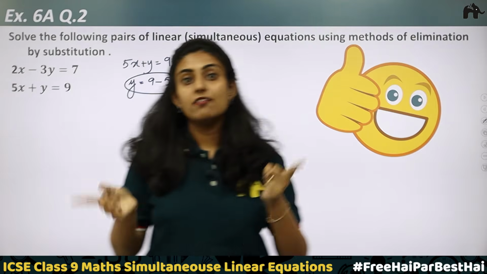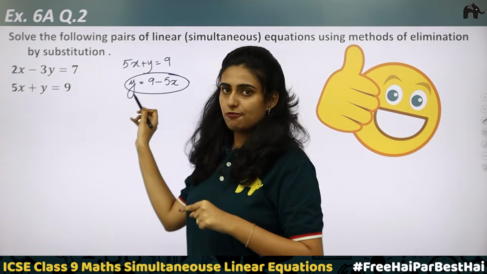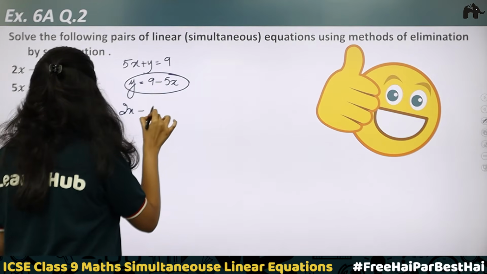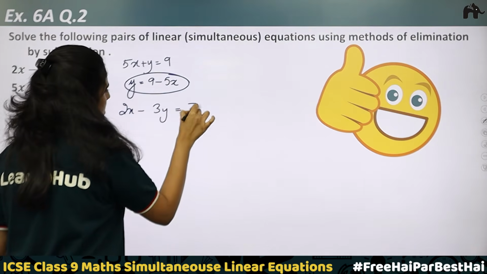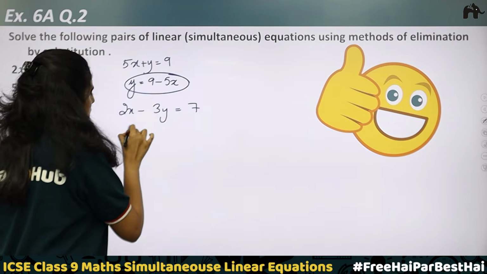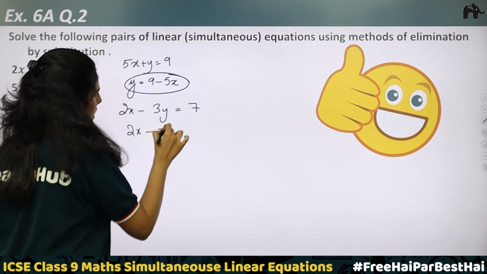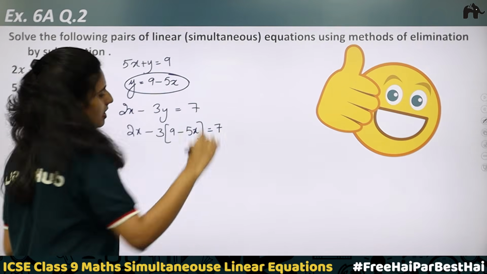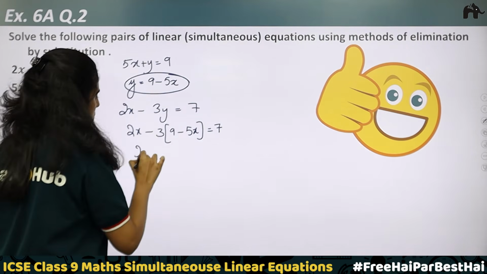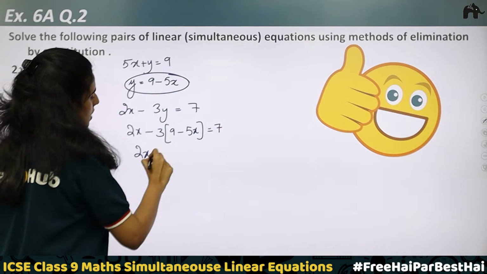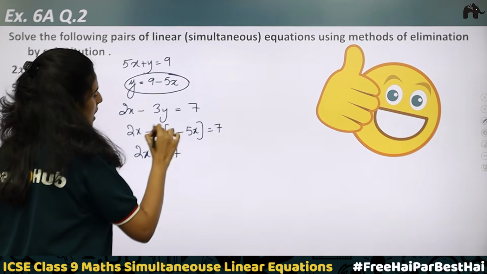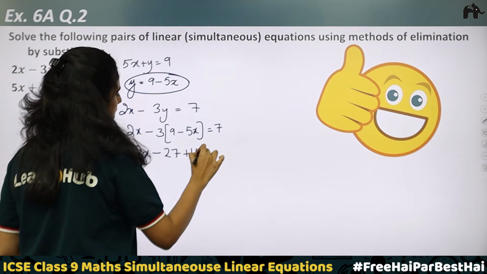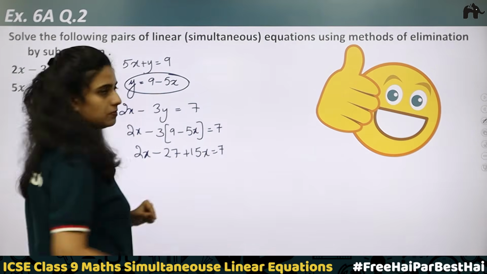What to do next? We'll have to substitute this value of y in the first equation. It is 2x minus 3y is equal to 7. Substitute the value of y here. 2x minus 3 into (9 minus 5x) is equal to 7. Okay. So 2x minus 3 into 9 is minus 27. Minus 3 into minus 5x is plus 15x is equal to 7.